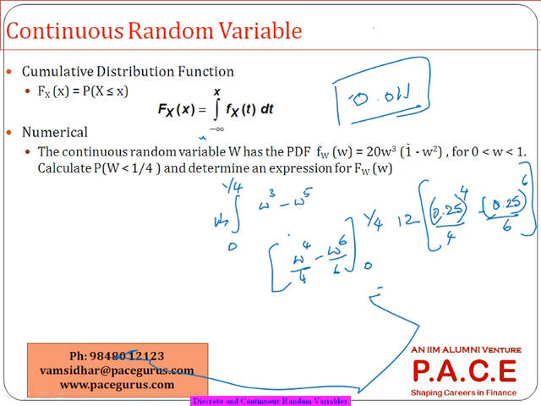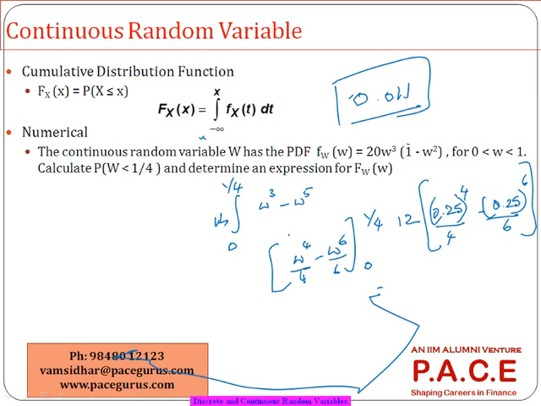But when we say cumulative function, it should be right from the beginning up to that value. In the discrete case, what did we do for cumulative? We added up all the possible probabilities. So in the cumulative case, we do an integration right from the beginning to that particular value.